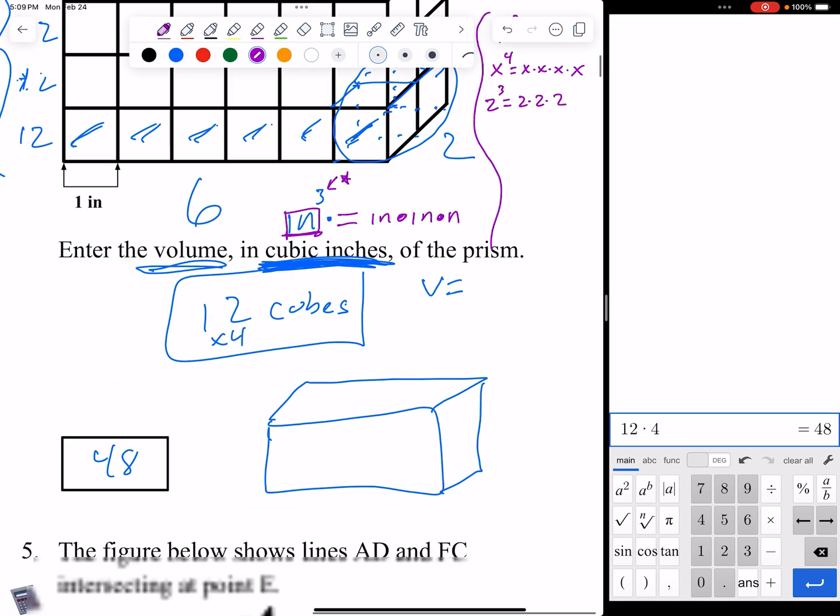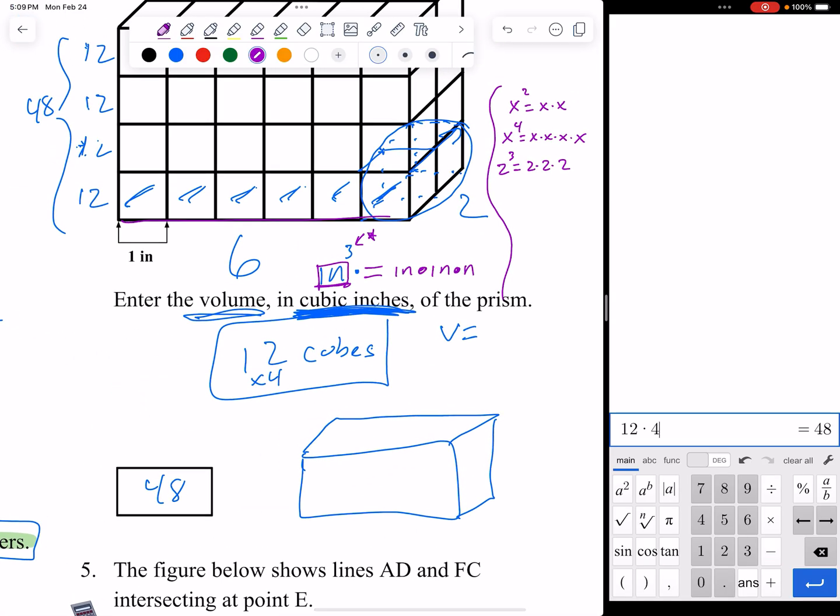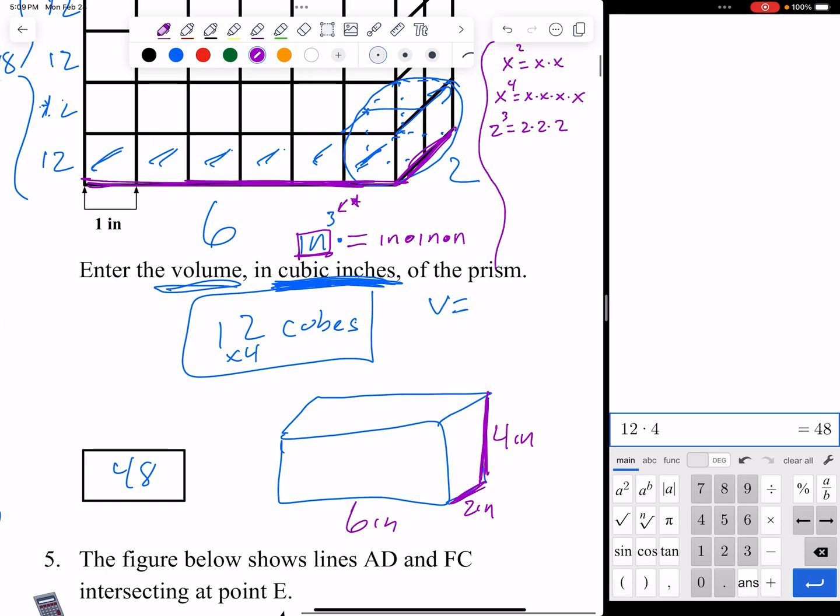So where do I get that? Well, the base is 6 inches, the width is 2 inches, and the height is 4 inches. If you remember correctly, the volume of a rectangular prism is length times width times height.